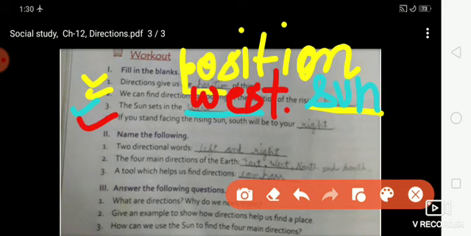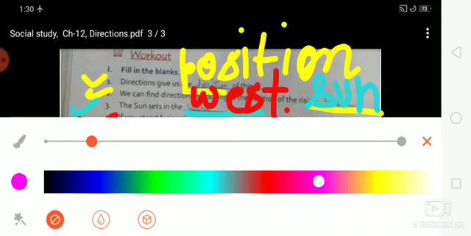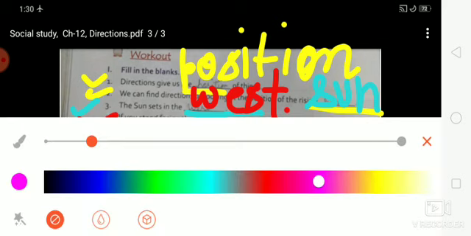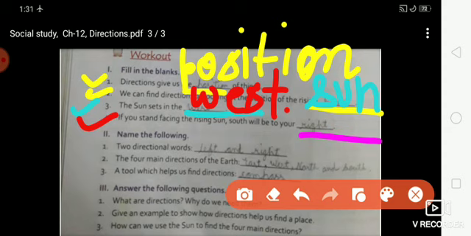Okay. Now fourth one: if you stand facing the rising sun, south will be to your dash. If you stand facing the rising sun, south will be to your right.